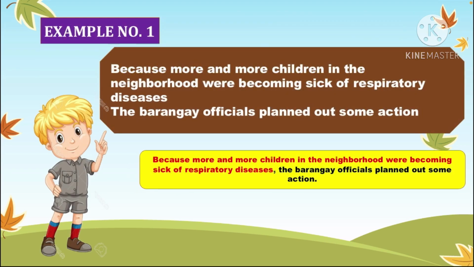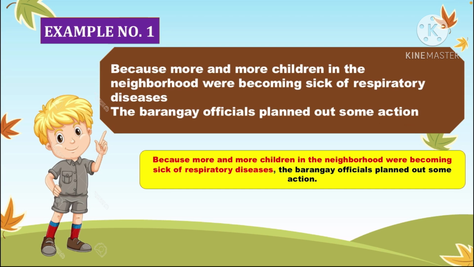Example number 1. In here we have 2 sentences. Because more and more children in the neighborhood were becoming sick of respiratory diseases, the barangay officials planned out some action.